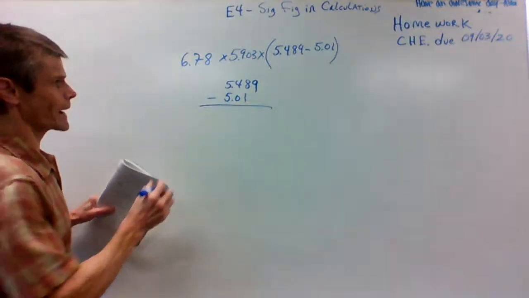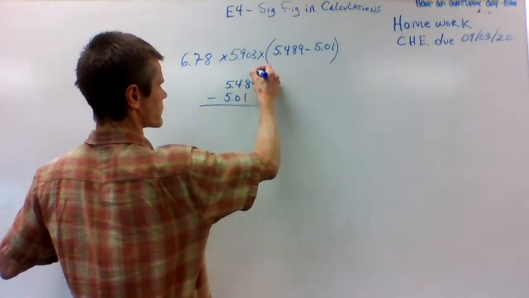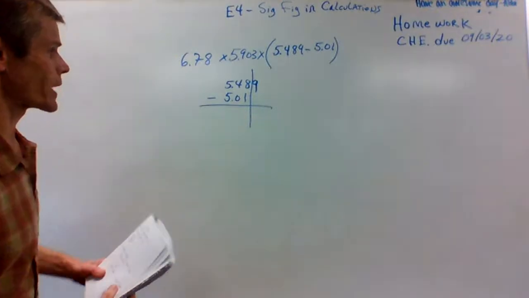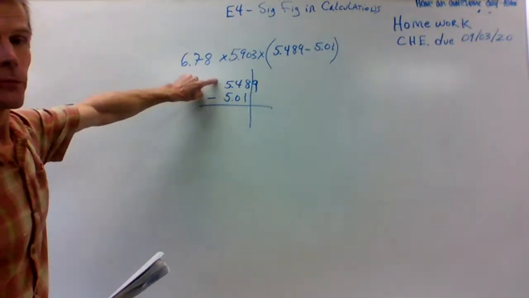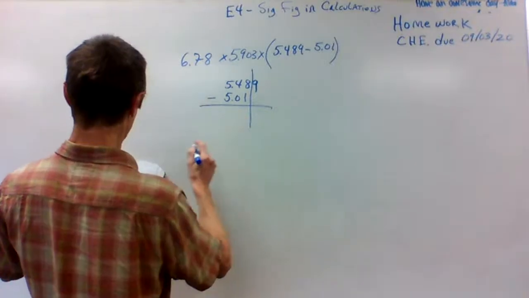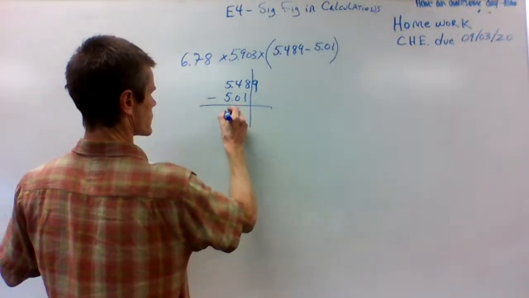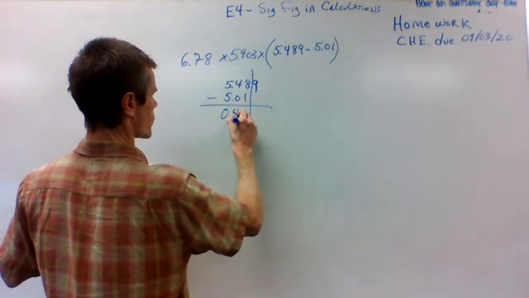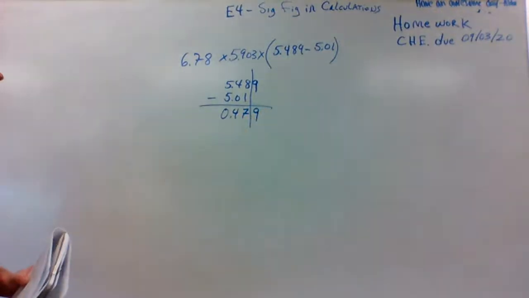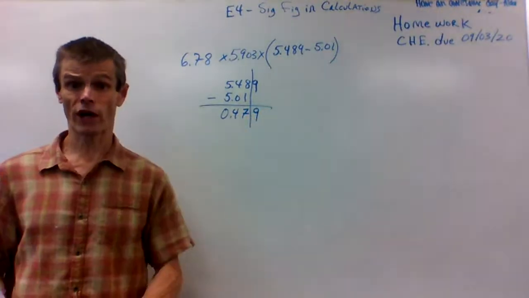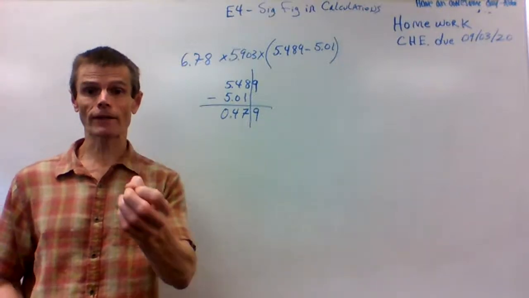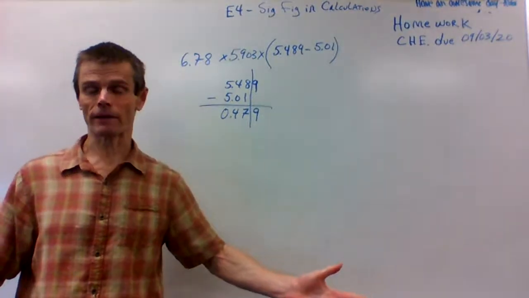We would draw our line. We would subtract 5.01 from 5.489, and we get an answer of 0.479. Let's think about what we're going to do in our next step. Remember, it's important not to lose data.